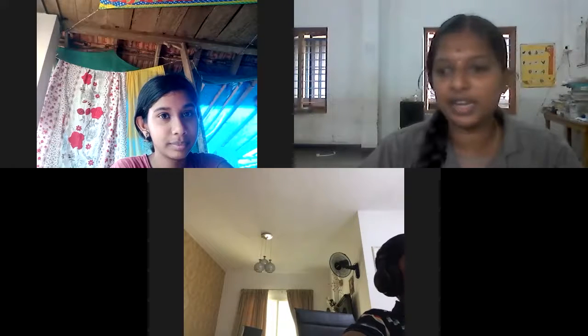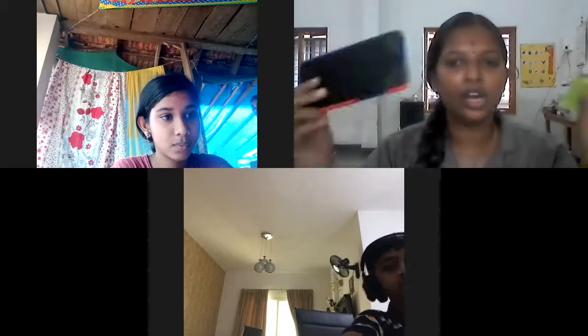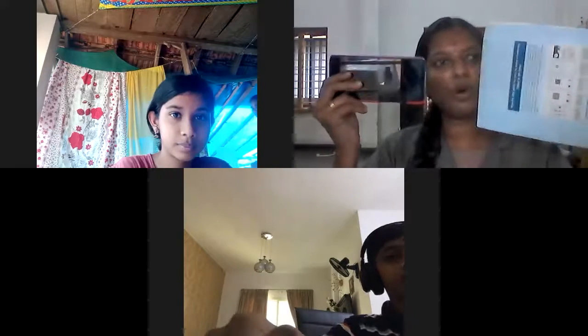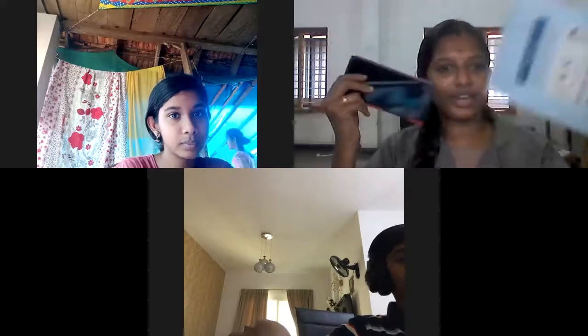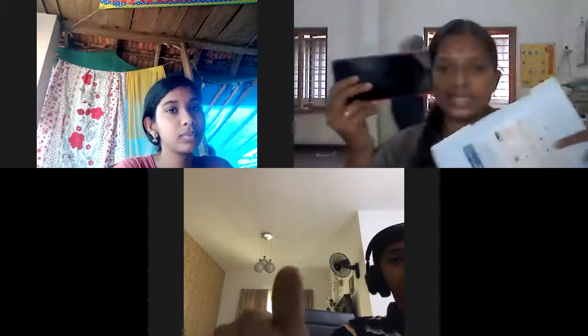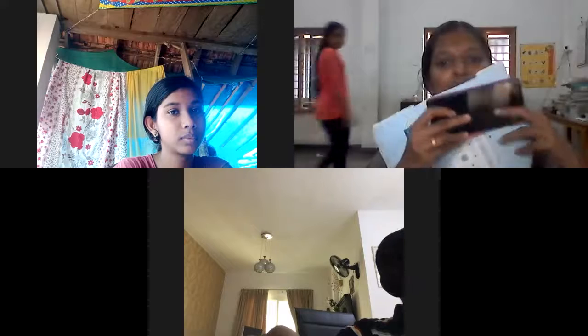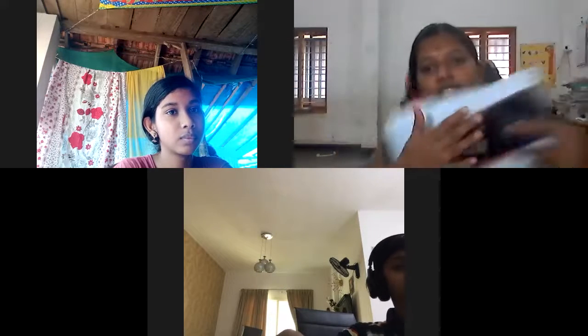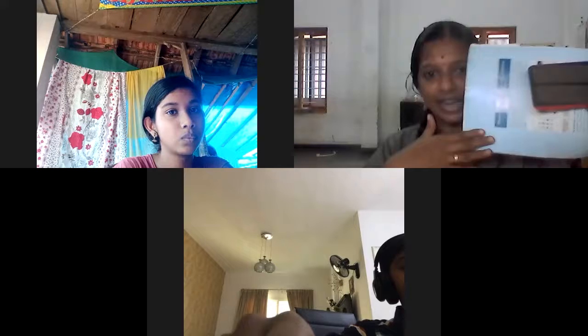This means, can you see two figures here? These are two figures, and both are in the shape of a rectangle, isn't it? This is a big rectangle and this is a small rectangle. When we place one over the other, what happens? It is not exactly covering the second one, isn't it?